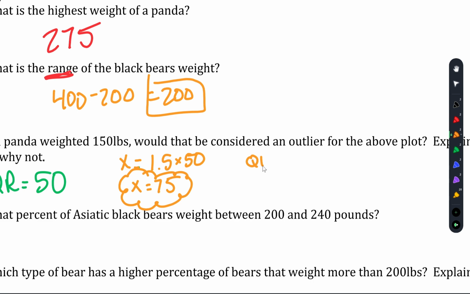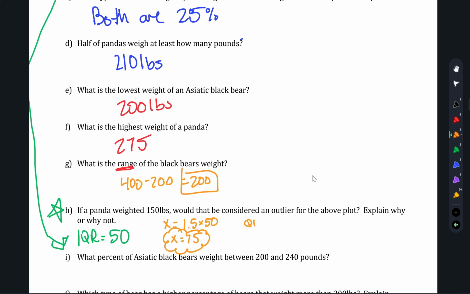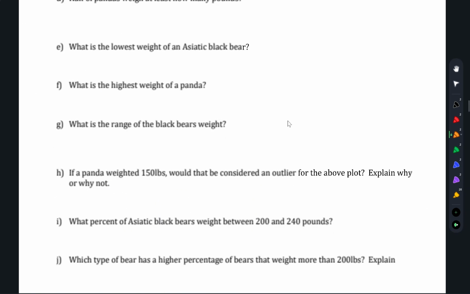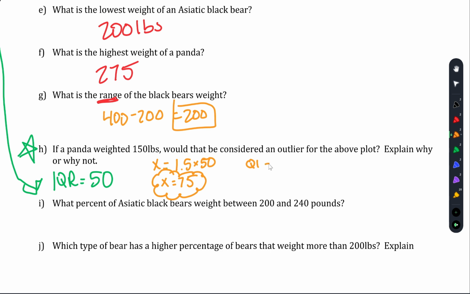So let's do that right now. Quartile 1 was 200. That's the edge of the box. I'm going to subtract 75. That means I cannot go lower than 125 or it's an outlier. For quartile 3, I'll do 250 plus 75 to get 325.